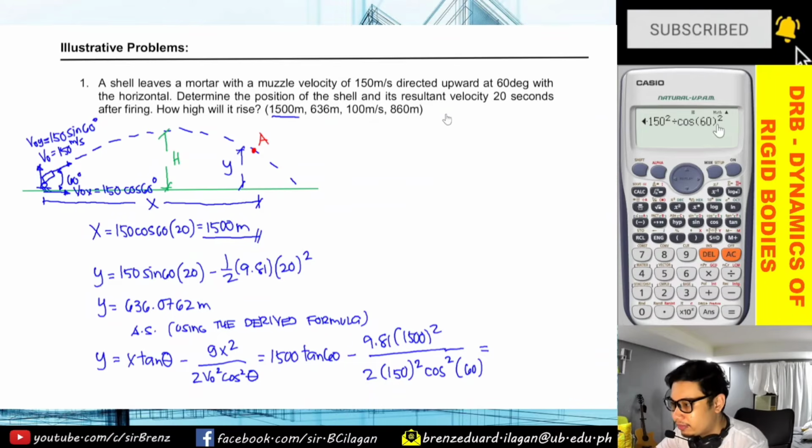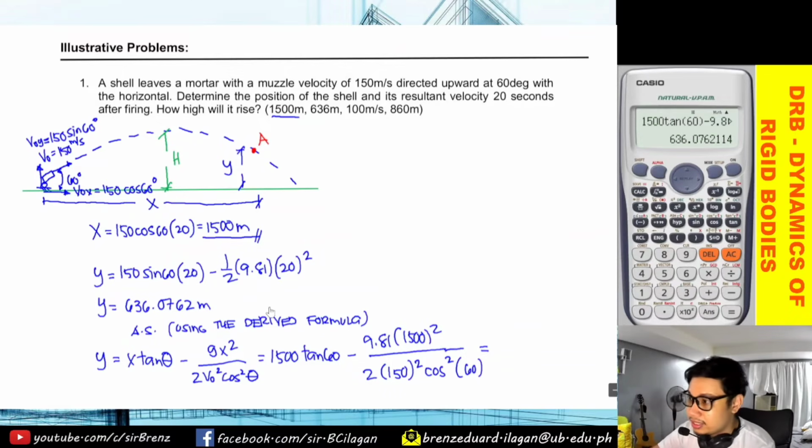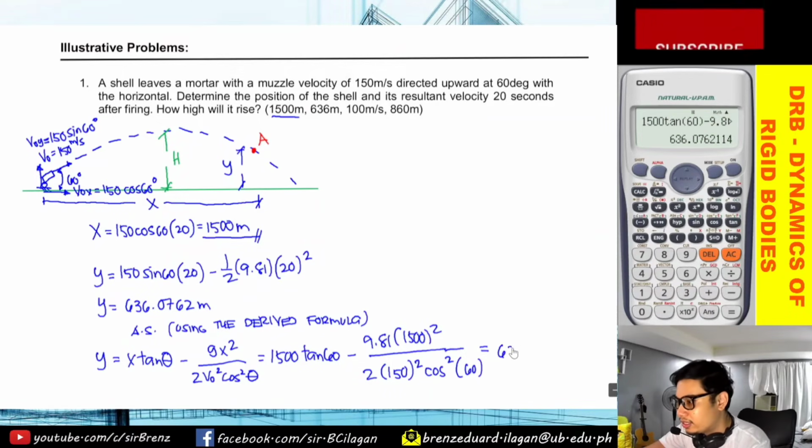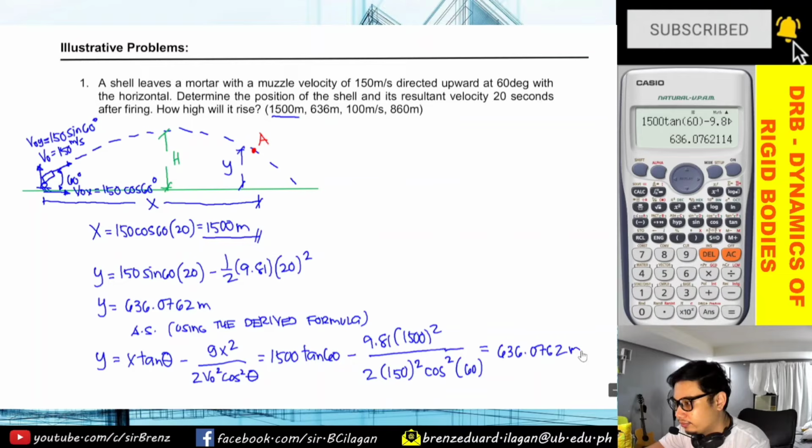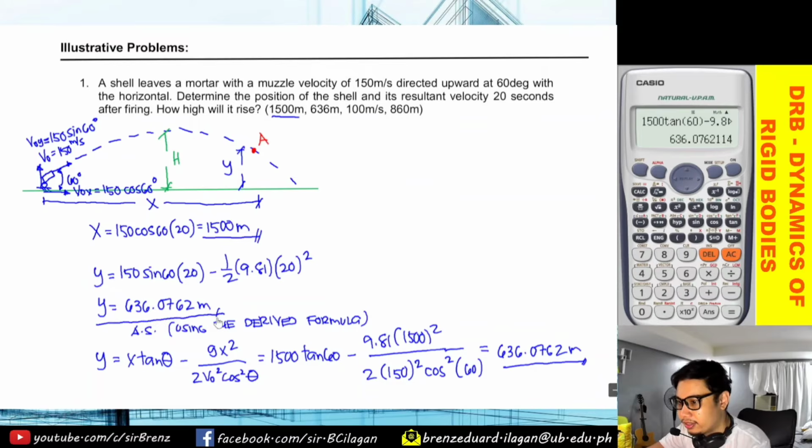So, ganun yung pag-type ng cosine squared theta, cosine 60 squared. Ayan. So, 636.0762. Alright. So, pareho lang, di ba? So, either of these two, kayo nang bahala kung ano yung mas preferred nyo na equation.